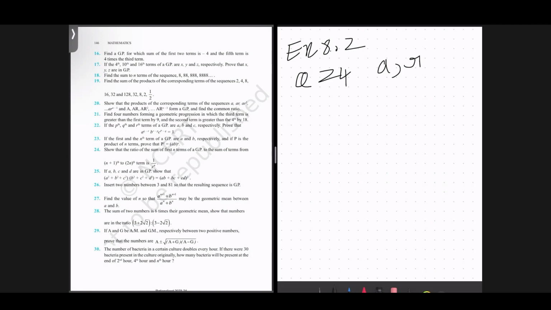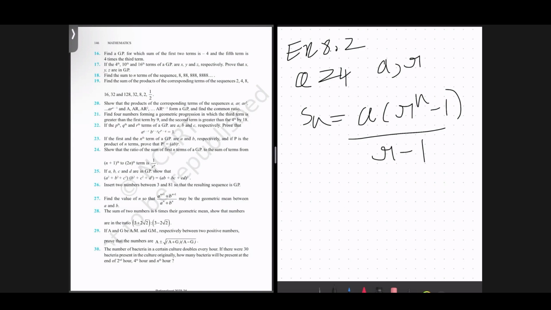Therefore, the sum of the first n terms of this particular GP is going to be Sn equals a into r raised to the power n minus 1 upon r minus 1. Correct. So that is going to be your Sn term.